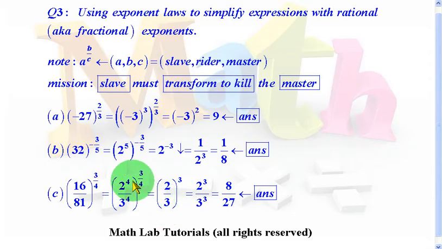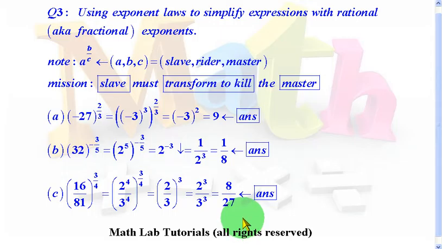And the outside of the brackets becomes 4 dot 3 over 4. The 4's cancel, the master dies, and the rider remains. So at the end, we've got 2/3 to the power 3. And of course, using the distributive quotient law, this becomes 2 to the power 3 over 3 to the power 3. And 2 to the power 3 is 8, 3 to the power 3 is 27, and we are done.